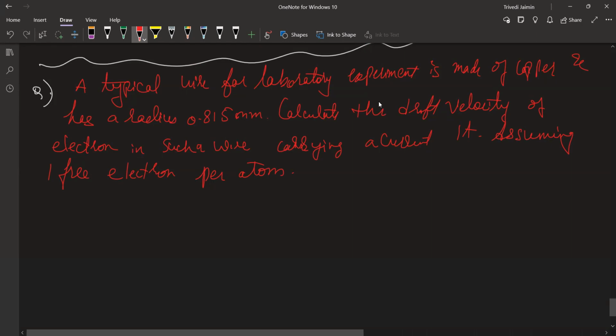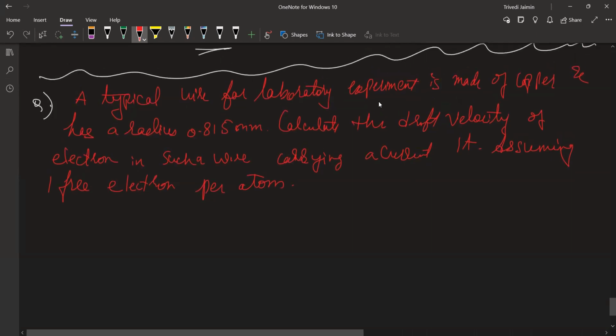This is a little bit long question, I think. So let's see. Typical wire of a laboratory experiment is made of copper and has a radius, such a wire.